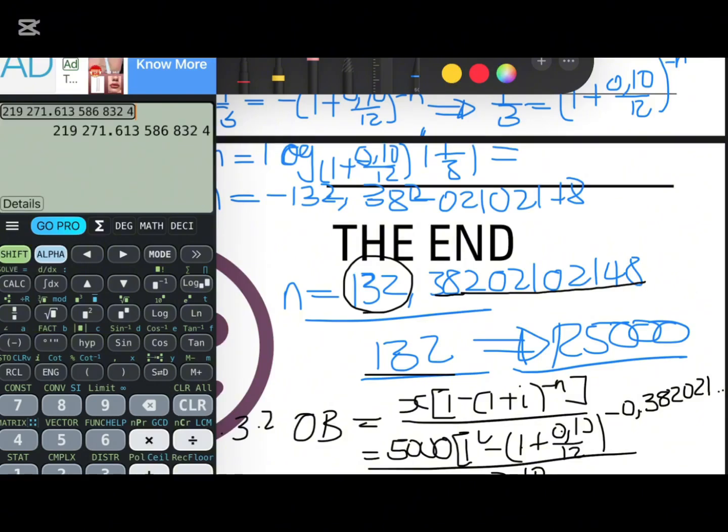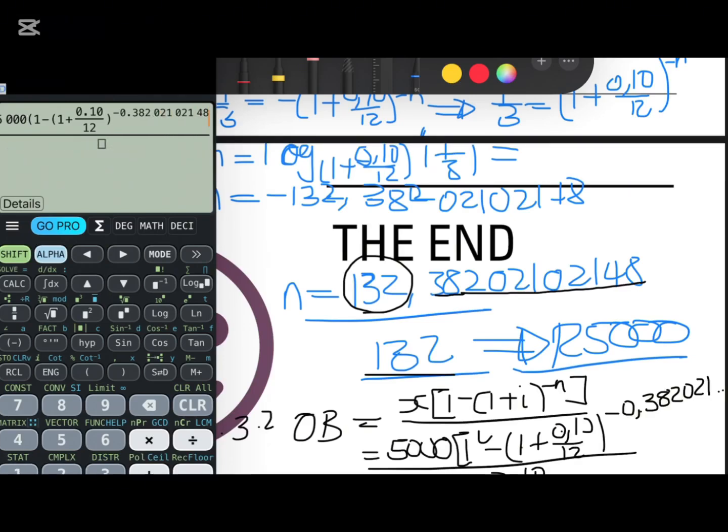Let's see what will be the outstanding balance. So you'll have 5,000 into 1 subtract, then you'll have a bracket, you open a fraction, then you'll have 1 plus 0.10 divided by 12 to the power negative 0.38202148, right?